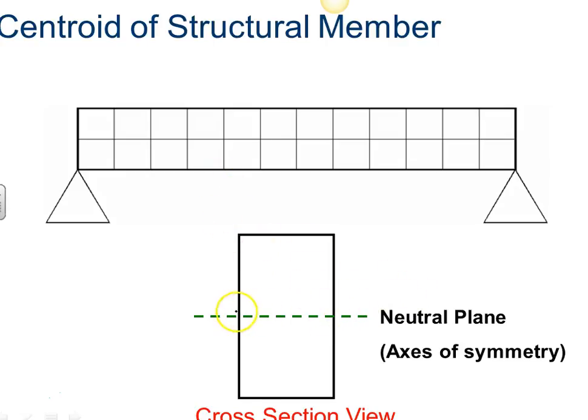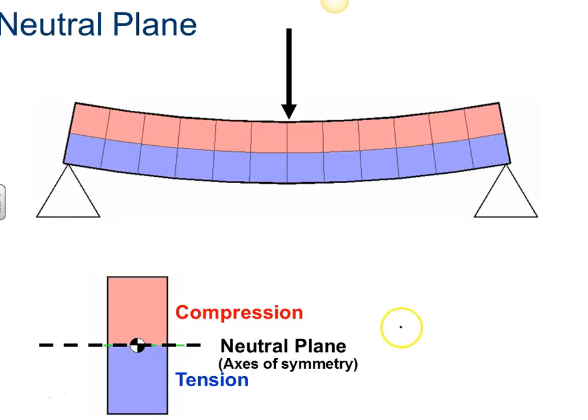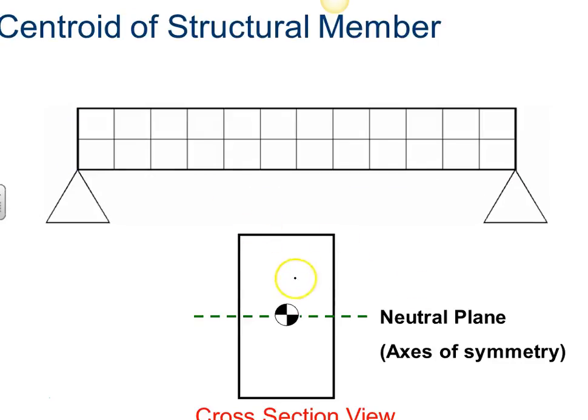The neutral plane that we have here is an axis of symmetry between the top and the bottom. If we look at this as axes of symmetry, our centroid is going to be right in the center of that neutral plane. We would also have to draw an axis of symmetry this way, so that we could find where it was located. But our centroid is here.